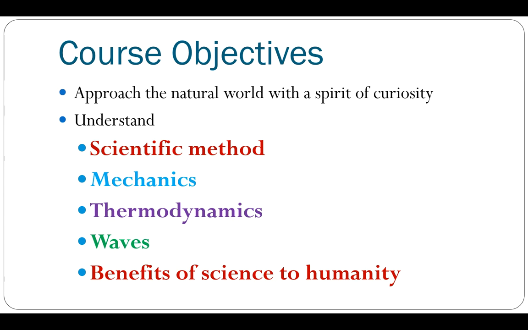Then we'll move on to thermodynamics, which is, we won't be doing any statistical calculation here, but thermodynamics is statistics applied to microscopic particles. So you have things like air pressure. Most normal people don't think about what's causing this air pressure.